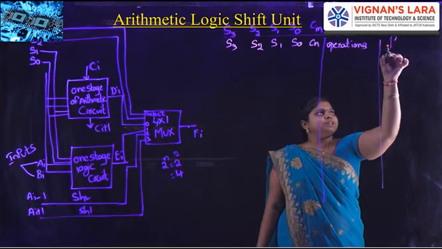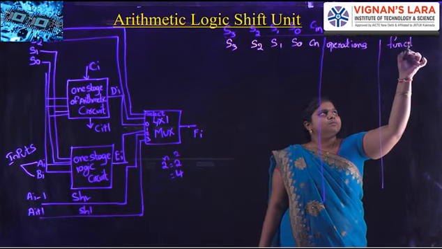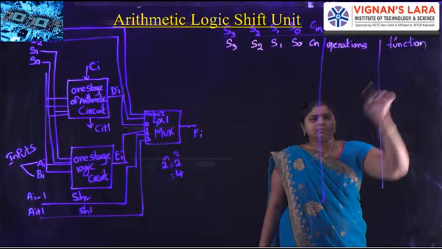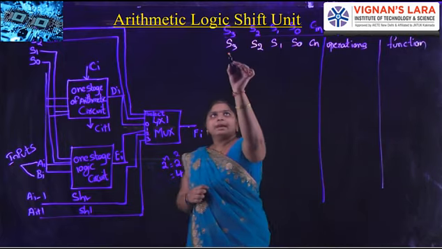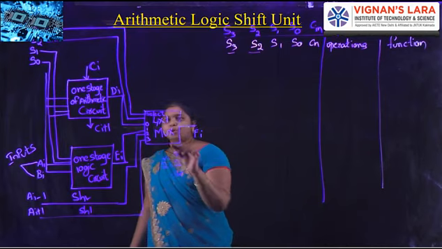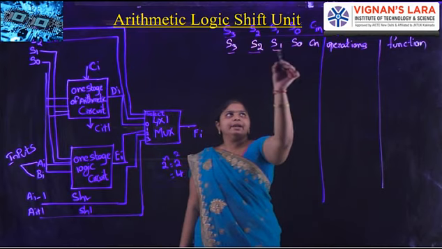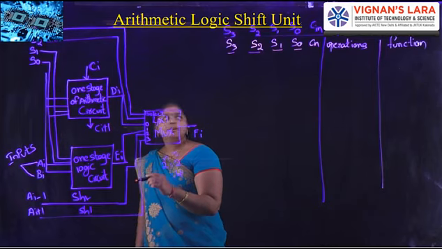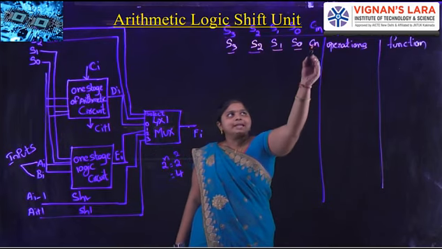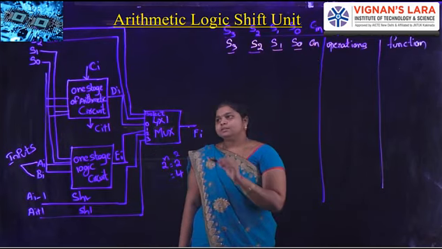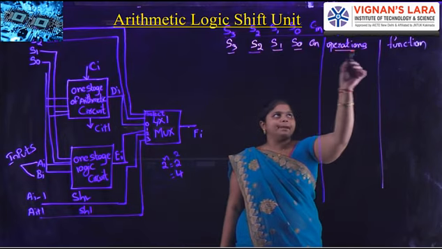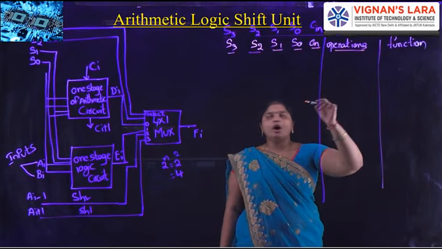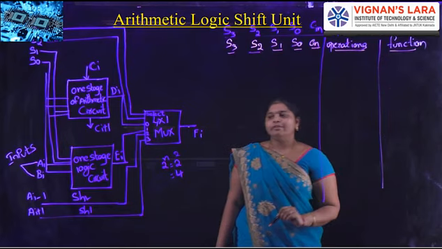What is the function? S3 and S2 are controlled by the multiplexer. S1 and S0 are controlled by the arithmetic circuit and logic circuit. Cin means the carry of the circuit. What operations are done by this hardware implementation, and what is the function?